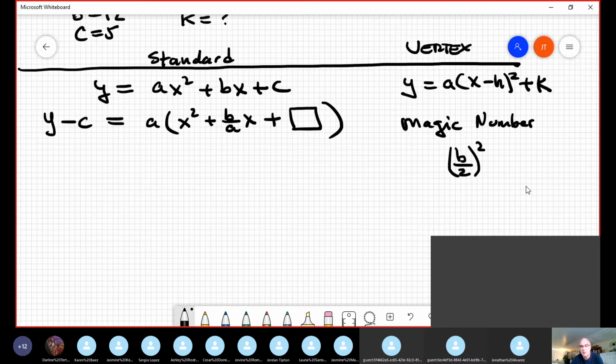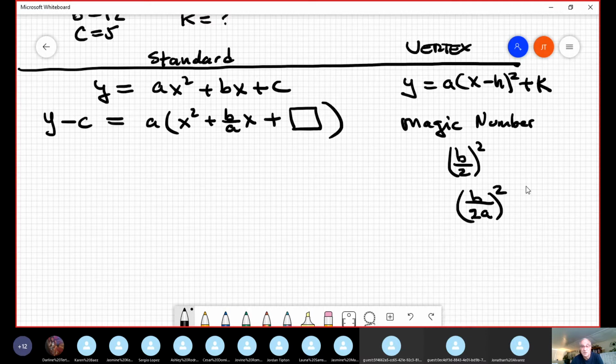Okay, but in our specific example, B is B over A. This is B. So actually it's not B, it's B over A divided by 2 squared. So it's B squared over 4A squared. And this is the number I put inside the box.